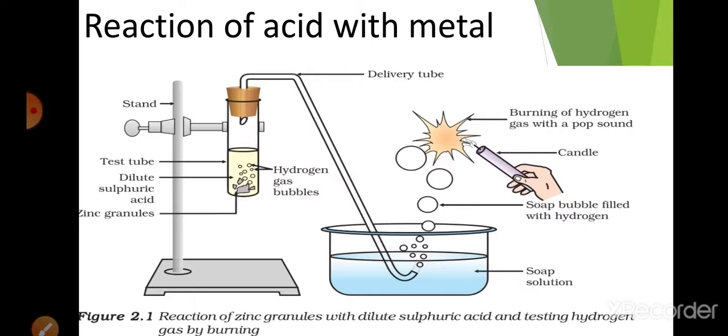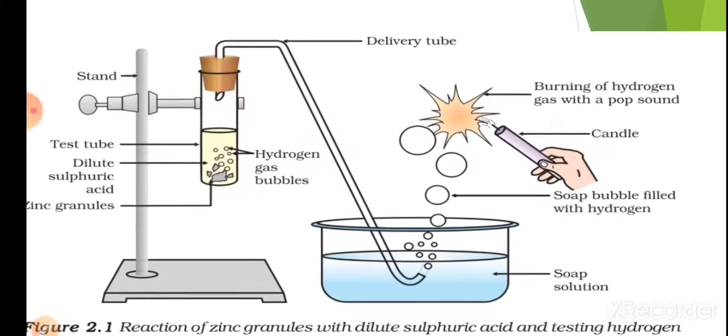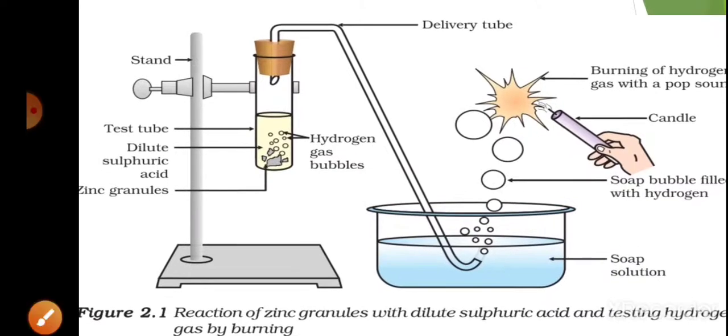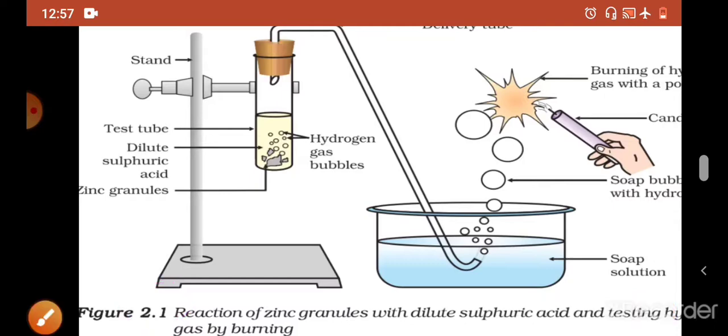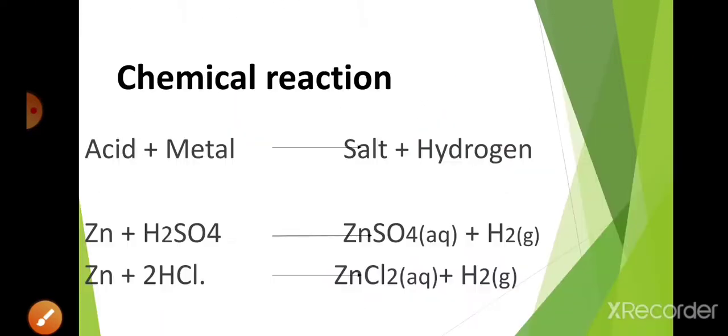Actually I would like you to draw this diagram. It is given in your textbook as figure 2.1. You can find that and draw this diagram, and maybe just leave some space for the diagram and label it carefully. And then if you go to the next slide, write this chemical reaction.